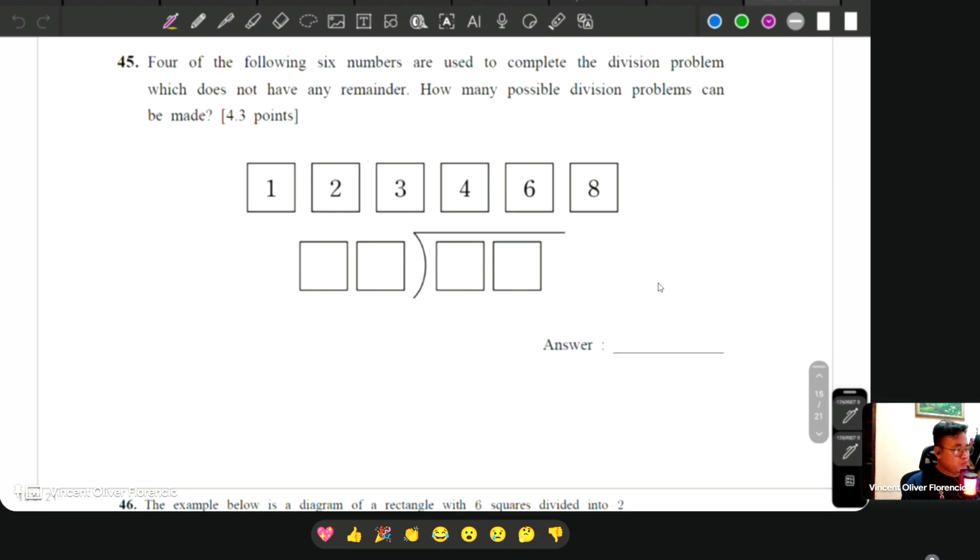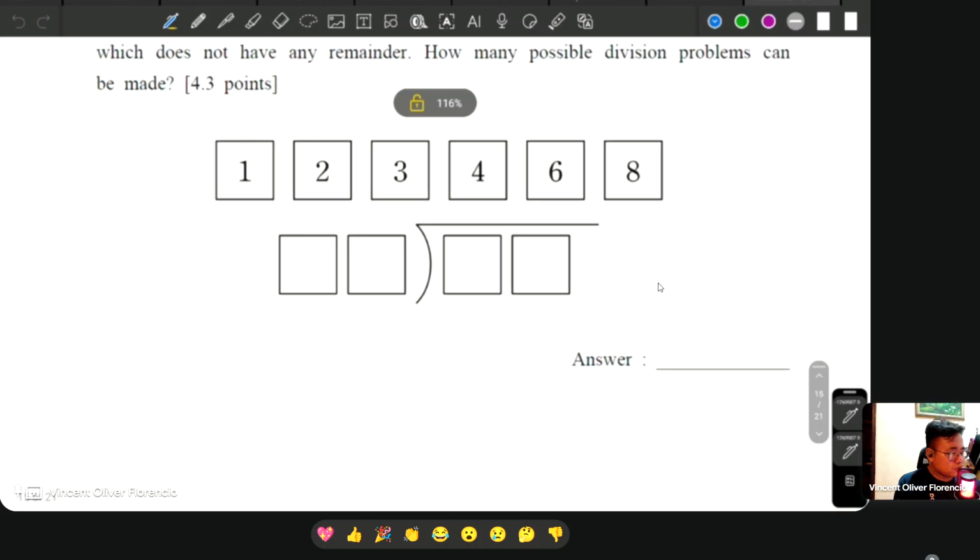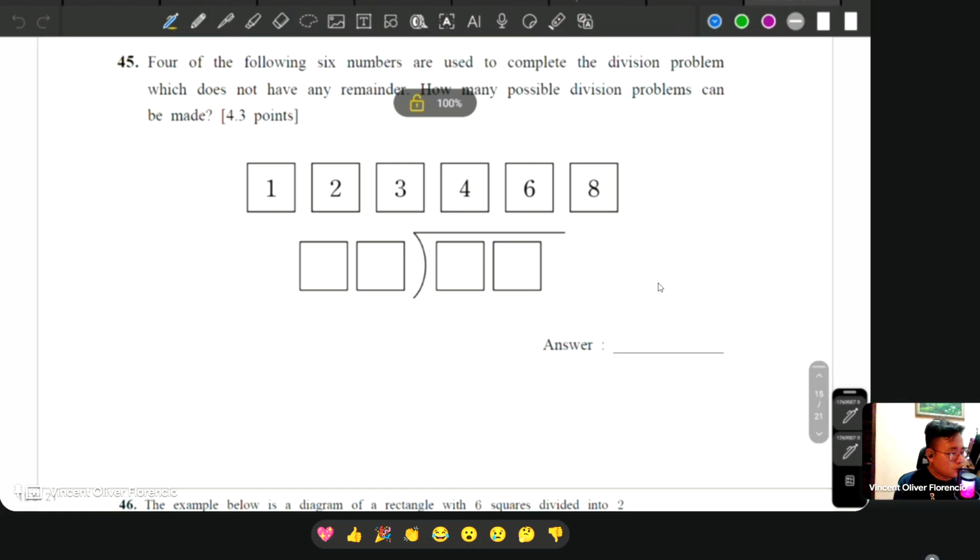Okay, this one is going to be a bit time consuming. But what I did here is what? Okay, by the way, you can read first the question on your own first. Now, what I did here is I list down possible pairings of numbers that are divisible. Let's say I started with the bigger numbers first, okay?